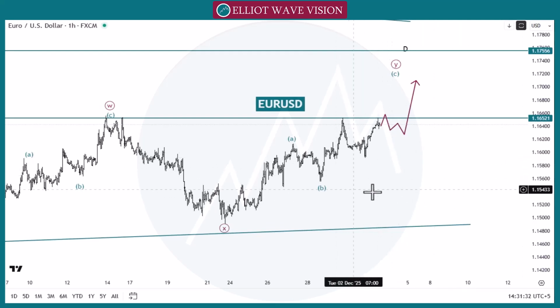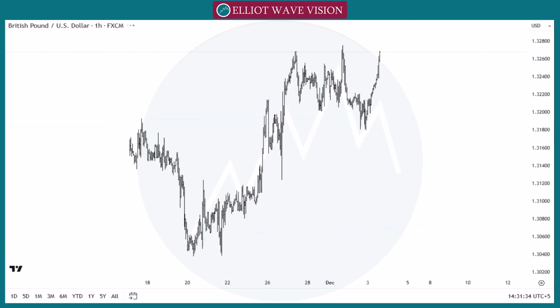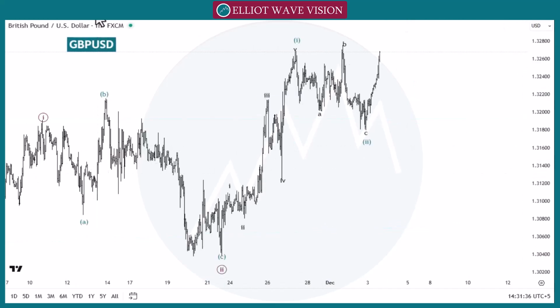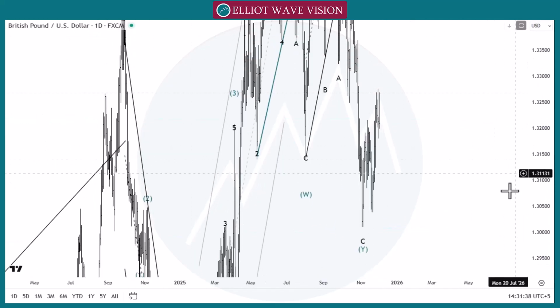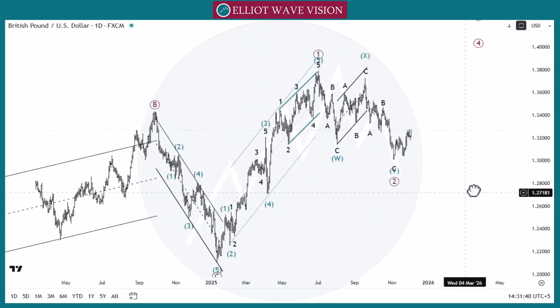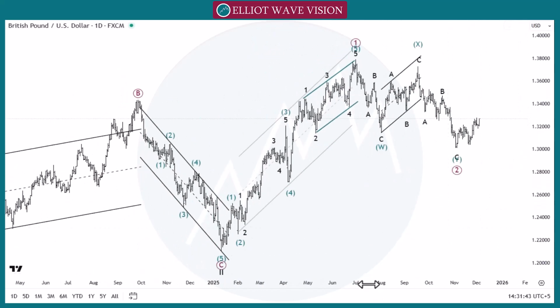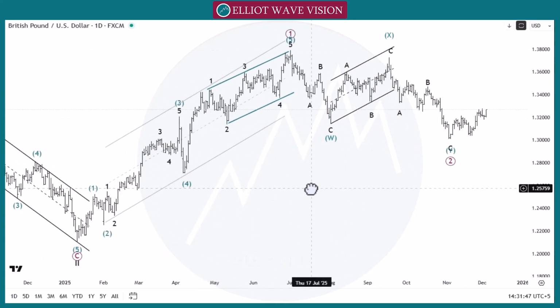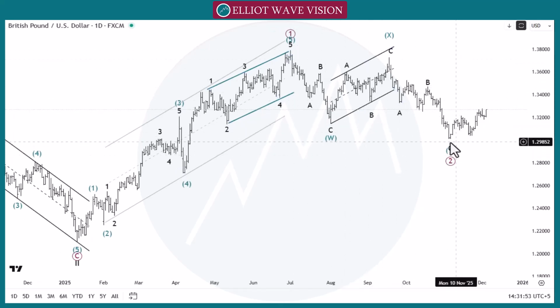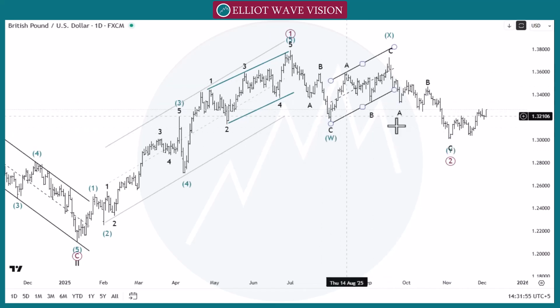So let's check the next pair, GBP USD British Pound, starting in the daily time frame. At this point, we count this move from this low to this high as a wave 1, and this correction more looks like wave 2 as a wave A, B, C or WXY.